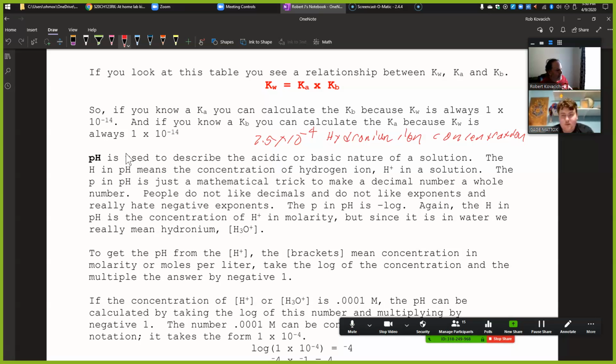The general population hates exponents, and half the people don't even think negative exponents are a thing. Like, no, that's not true. You can't put a negative sign there. Yeah, you can.